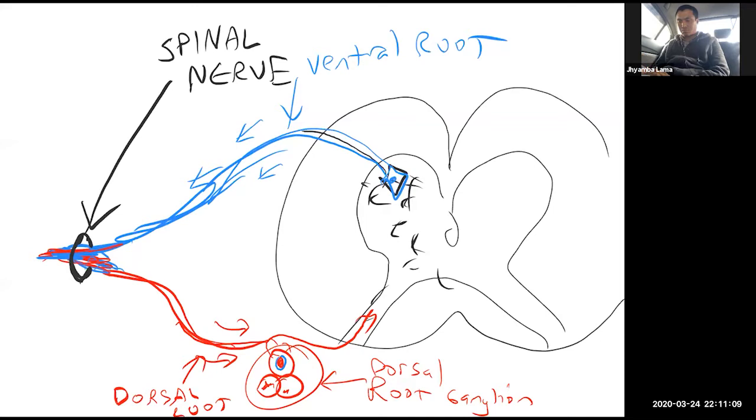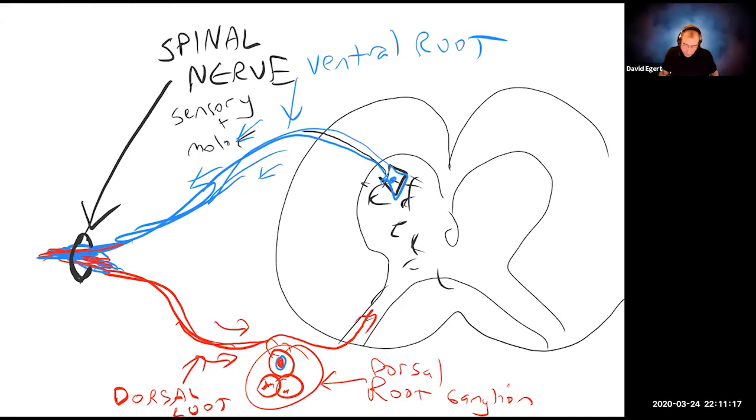So the spinal nerve is both sensory and motor together. It arises from the motor, which is leaving through the ventral root, as well as the sensory that is arriving in the dorsal root. They mix together and become this bundle of axons.